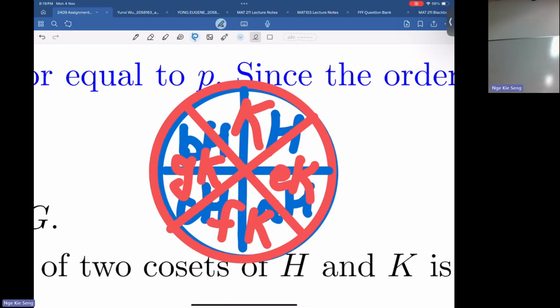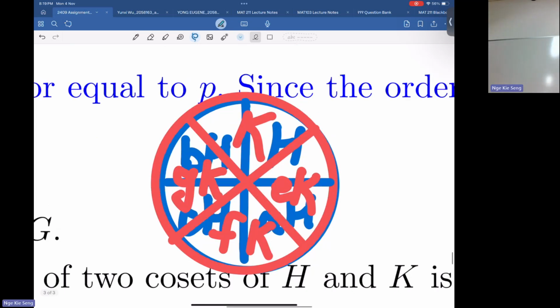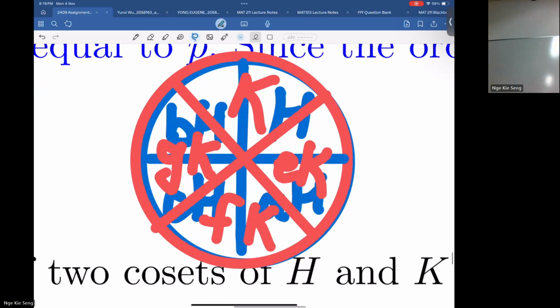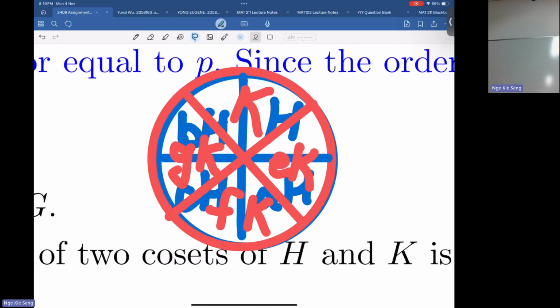K intersect H 在哪里？在这个照片里面。不知道。有看到颜色的差别吗？蓝色跟红色看得到吗？看得到吗 ？Okay, so K is here, and then H is here.